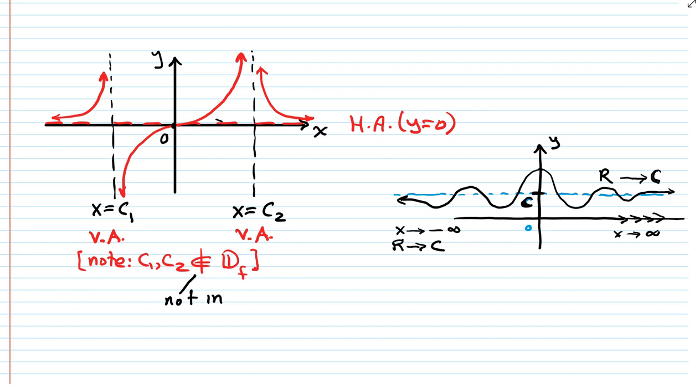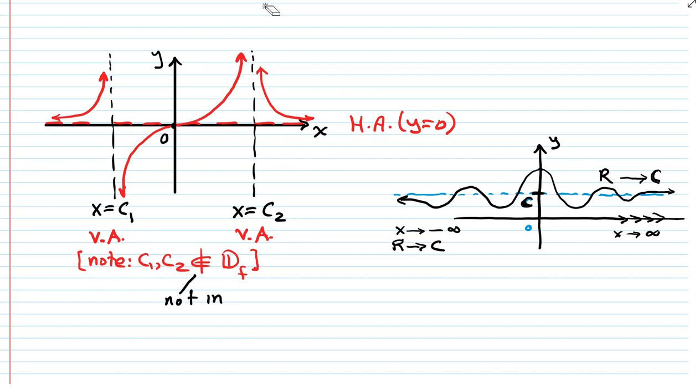As you approach C2 from the left, the function is going to infinity, right? As you go to C2 from the right, the function approaches infinity. So that's the behavior of the function. Now, as we approach C1 from the left, again, the function gets very large, goes to infinity. As we approach C1 from the right, the function goes to negative infinity. And those are the characteristics of vertical and horizontal asymptotes of a graph of a function.